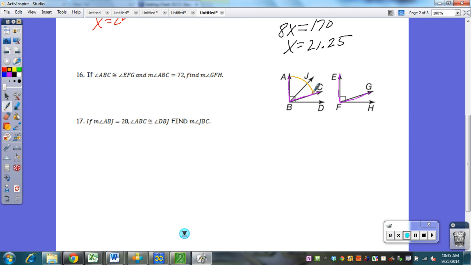So this equals 72 degrees. So then therefore this equals 72 degrees. So if I'm looking for GFH, well, I know that the whole thing equals 90, so therefore the balance of this is 18. Okay?